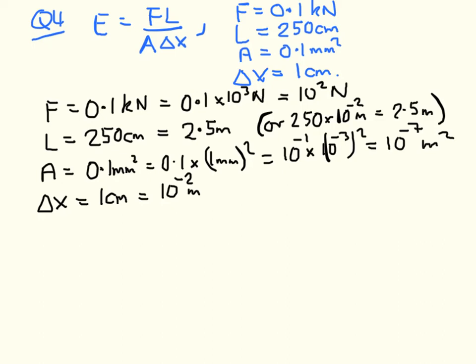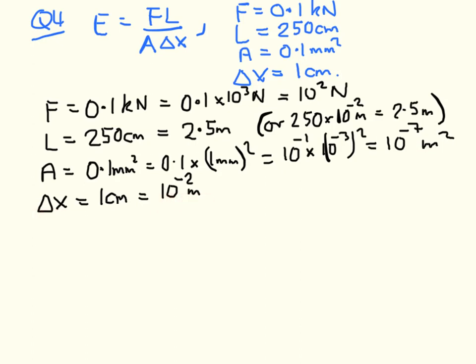So now we've actually done all the hard work. We have F in terms of a derived unit, L in terms of a fundamental SI unit, A in terms of a fundamental unit squared, and delta X in terms of a fundamental unit.